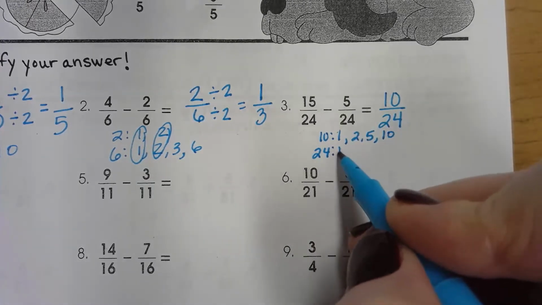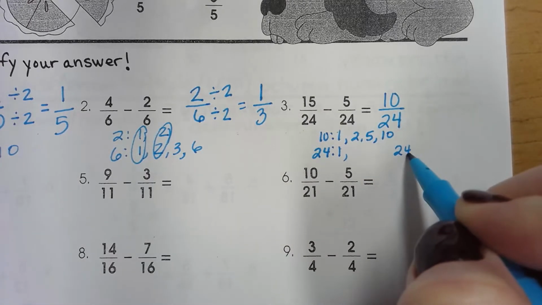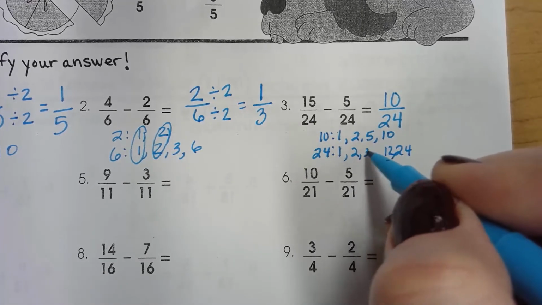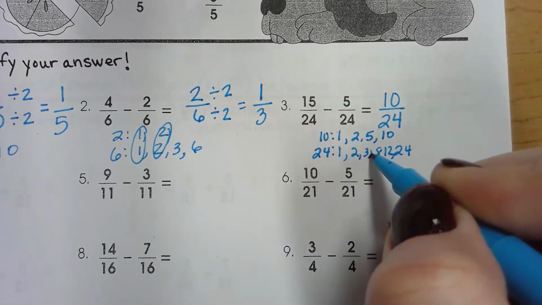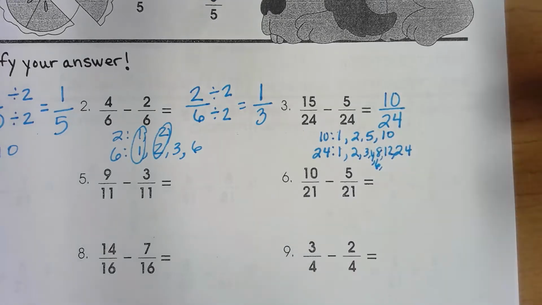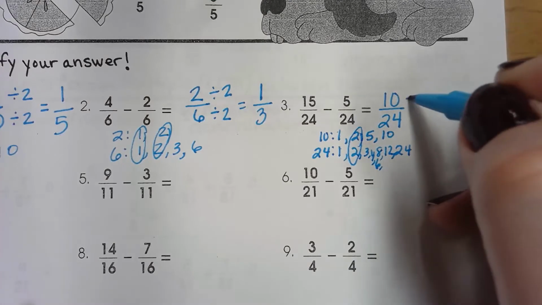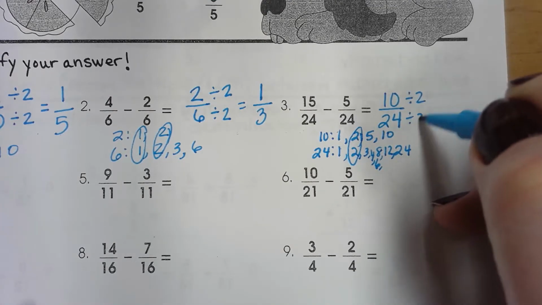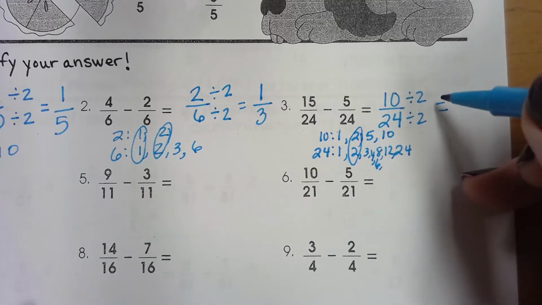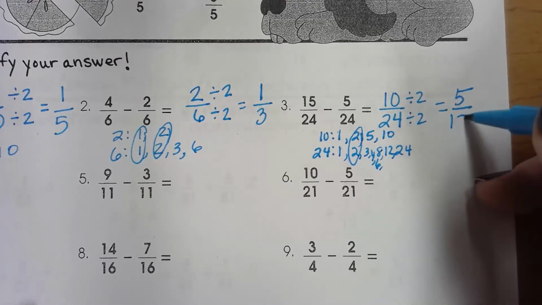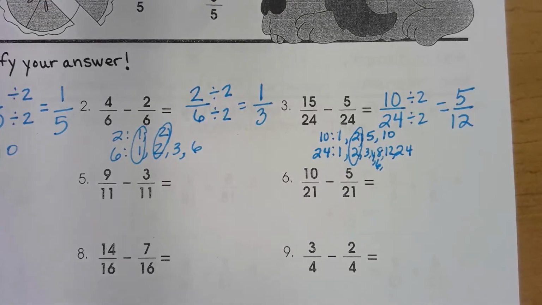My factors of 24: 1 times 24, 2 times 12. Uh-oh, I didn't leave enough room. 3 times 8, 4 times 6. And they have in common a 2 is the biggest. So we're going to divide by 2. Okay. 10 divided by 2 is 5. 24 divided by 2 is 12. So 10/24 is equal to 5/12.